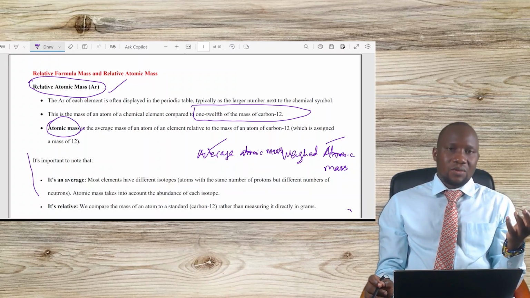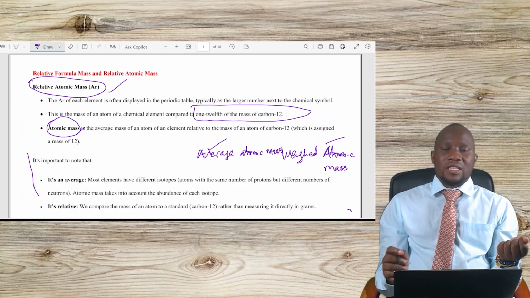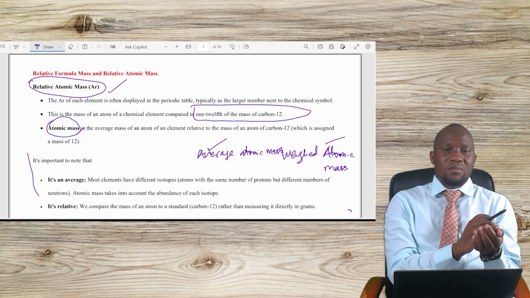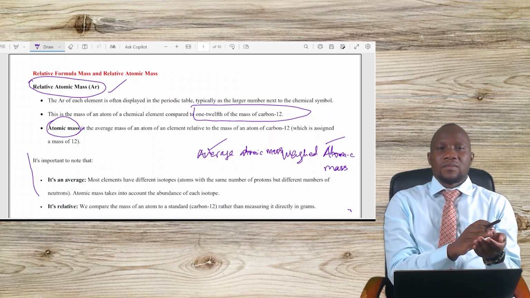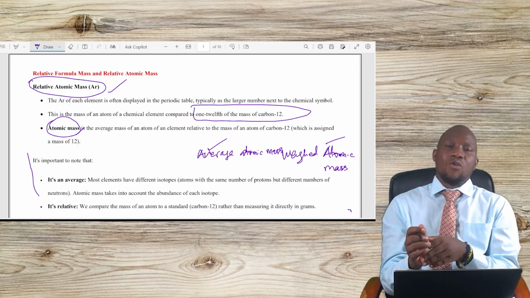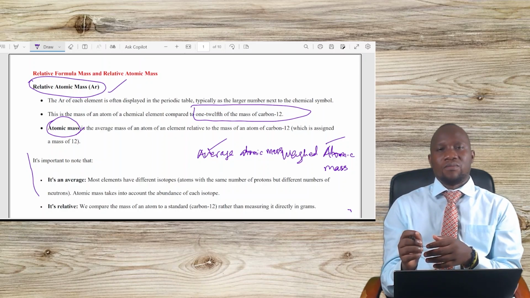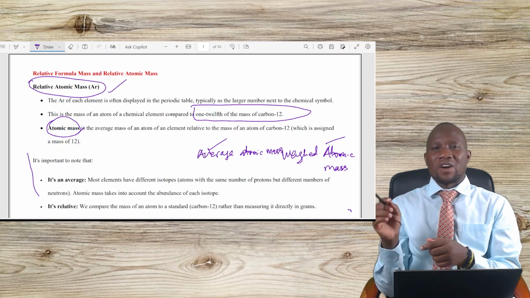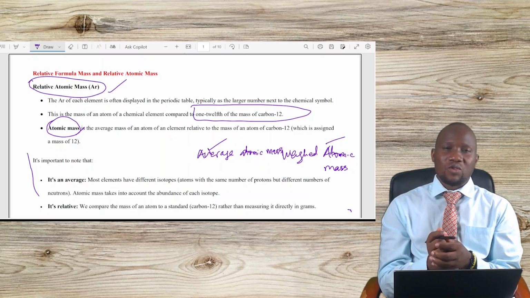The mass of the atom that you are perhaps investigating or dealing with, compared with 1/12 of the mass of carbon-12, is what we call the atomic mass.